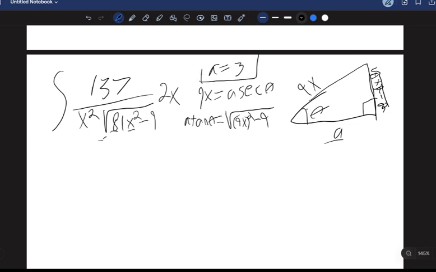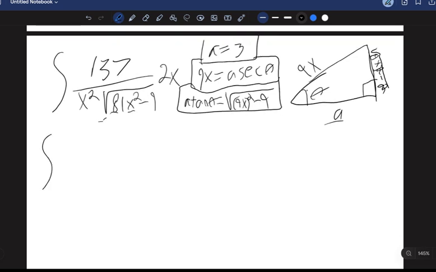I'm sorry. You're good. So now I have all the information I need to make substitutions. Integral 137 over a tan theta. But I've got a problem. I have 9x is equal to a secant theta, but over here I only have x. What should I do? Divide by 9.